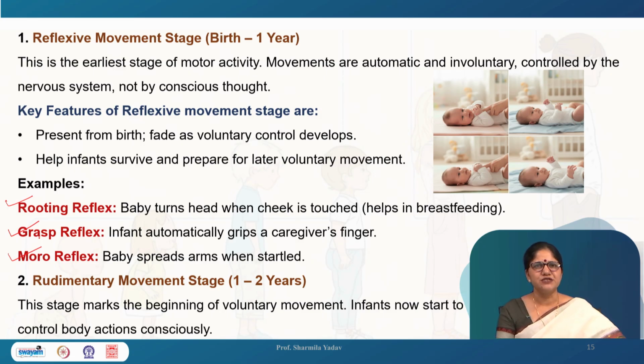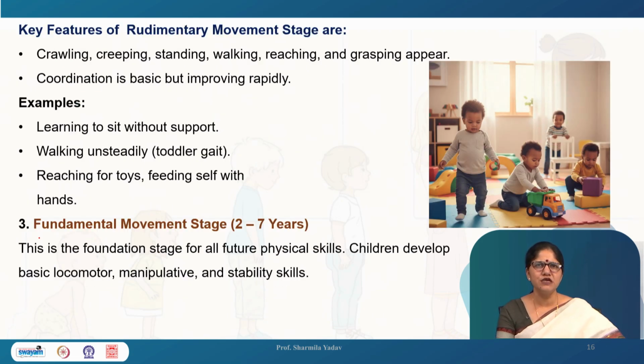The second stage is the rudimentary movement stage, from 1 to 2 years. This stage marks the beginning of voluntary movement. Infants now start to control body actions consciously. Key features are crawling, creeping, standing, walking, reaching and grasping appear.